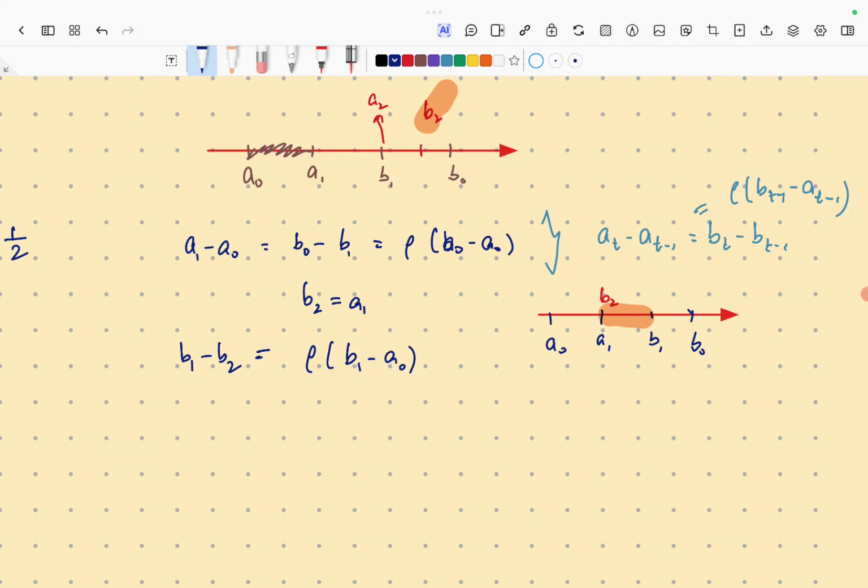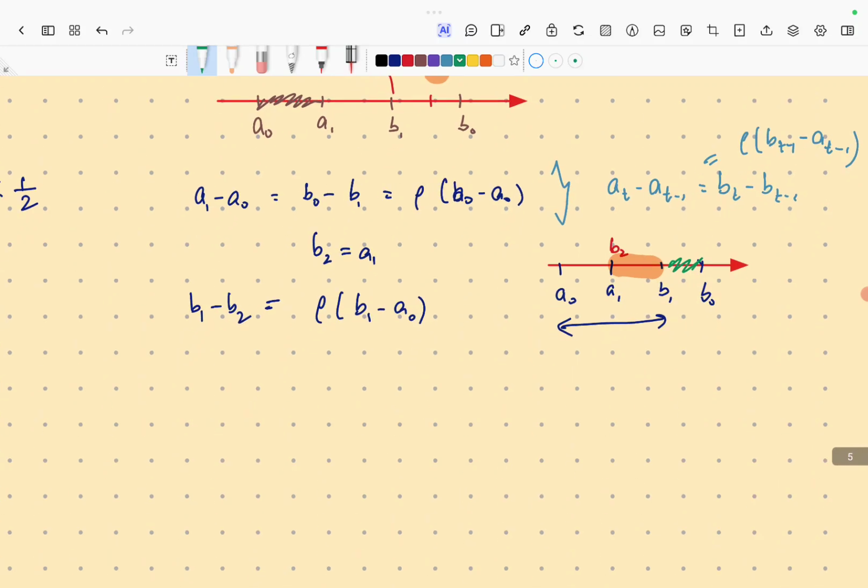So the overall interval was effectively A0 to B1. That's my search space, because I had effectively eliminated this particular region. That's the assumption. So the search space is an interval of length B1 minus A0, and therefore I want B1 minus B2 to be equal to rho times B1 minus A0. So let's try to evaluate this and express all of this in terms of B0 minus A0, so that I get some conditions that depend only on rho.